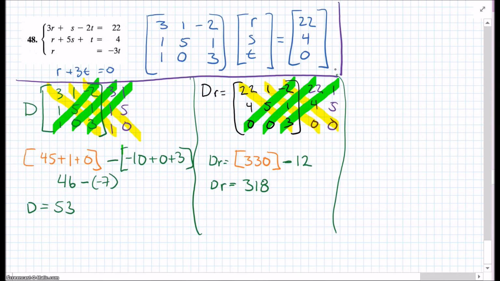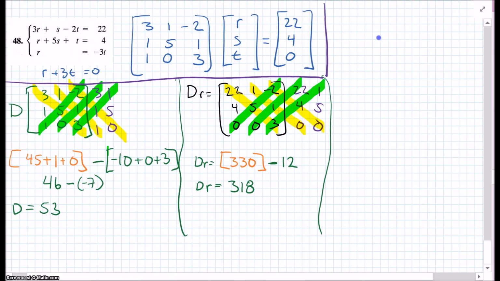D sub s. So we're going to start with our coefficient matrix, 3, 1, 1. Now we're going to replace the s values with 22, 4, and 0. Then we're going to go negative 2, 1, and 3. First step, rewrite the first two columns, 3, 1, 1, 22, 4, and 0.